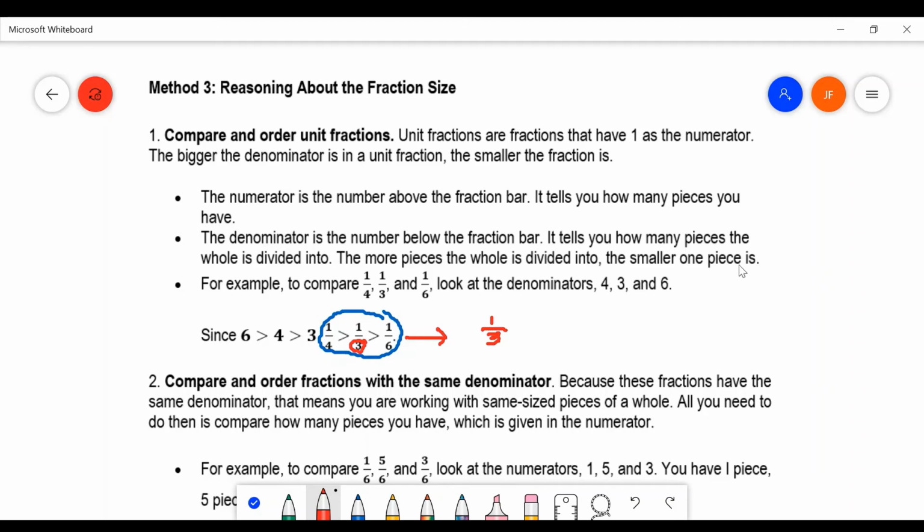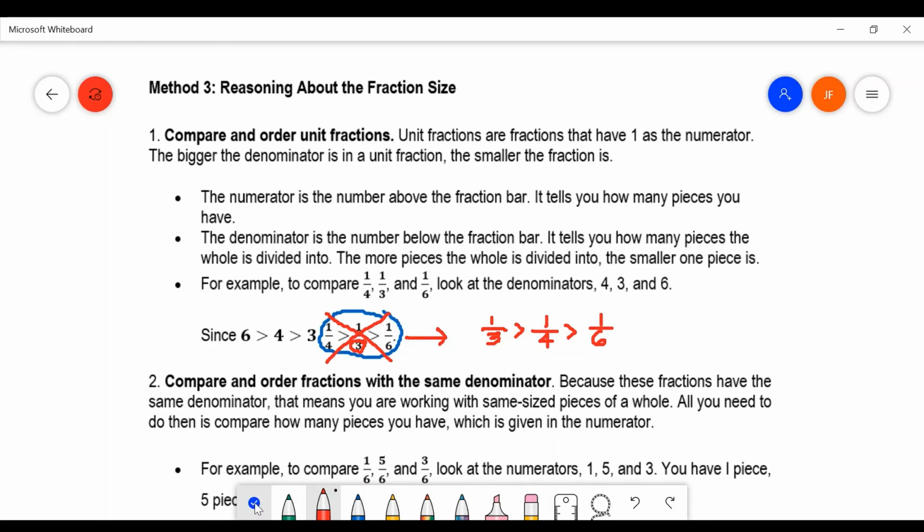So that's the concept we are going to follow. So meaning 1/3 is greater than 1/4, greater than 1/6. Okay, this is the correct one. So this one is an honest mistake, an honest mistake of showing the comparison and ordering of the fractions being discussed.